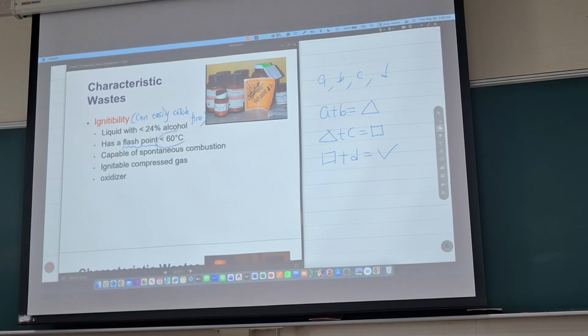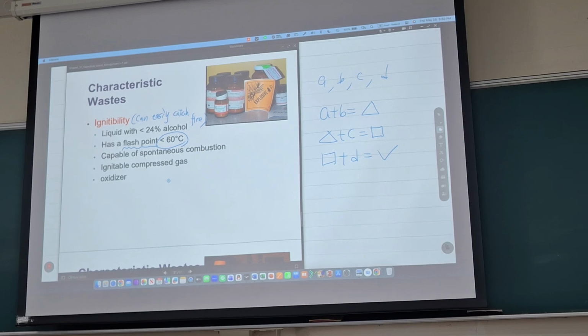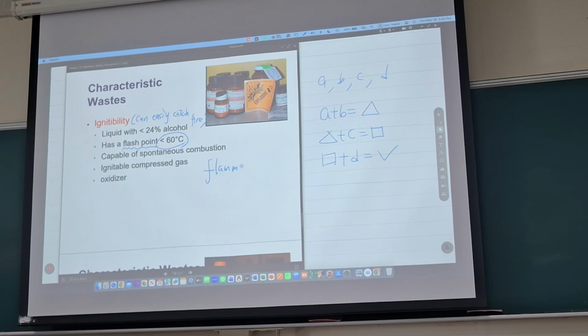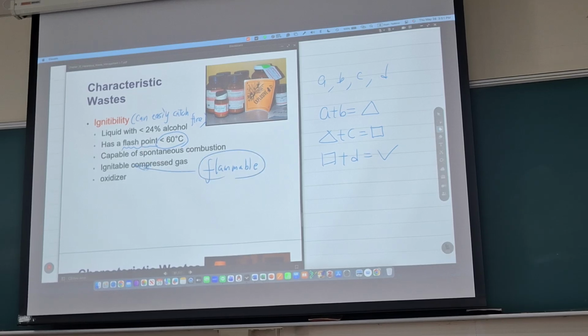If the flash point is below 60 degrees Celsius, don't put this waste under this kind of temperature. It will burn. So in other words, they are flammable. Ignitable means they are flammable.